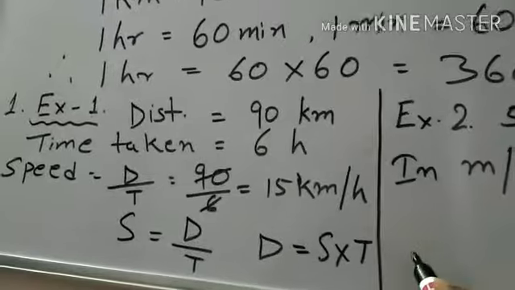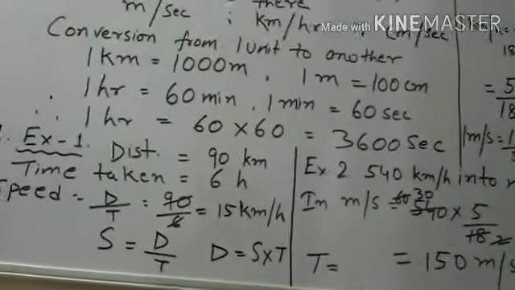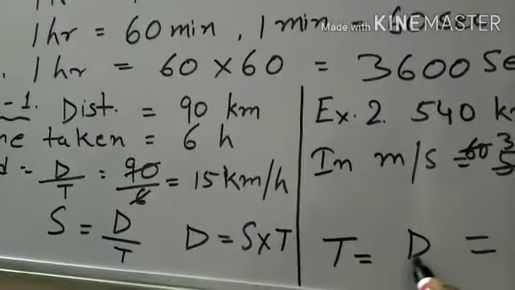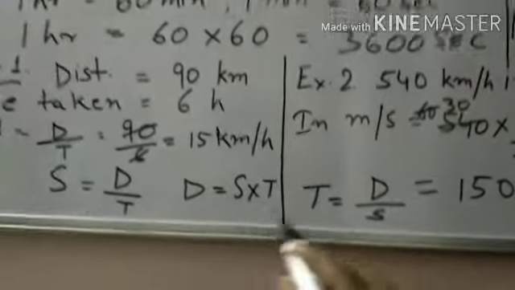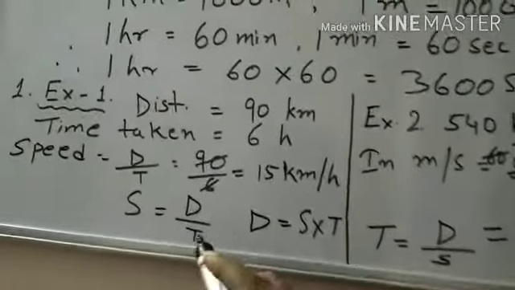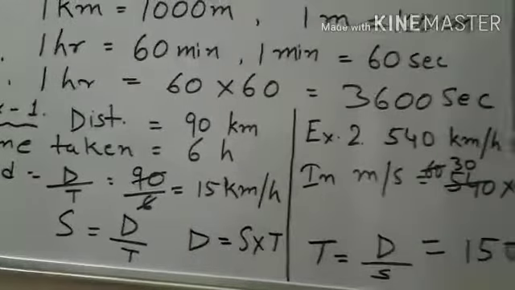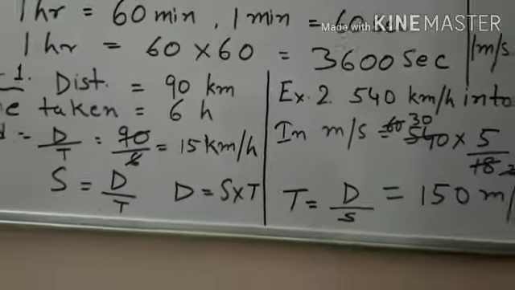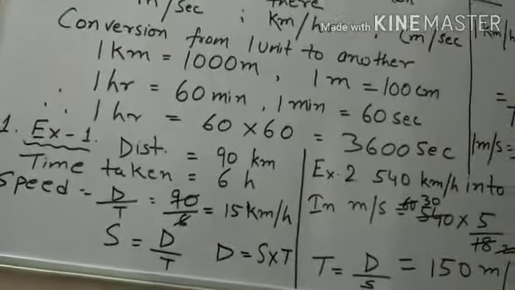And sometimes you have to find time. In that case, it is distance by speed. So these three formulas, that is speed is equal to distance by time, distance is equal to speed into time, and time is equal to distance by speed, we can find out all the numericals.